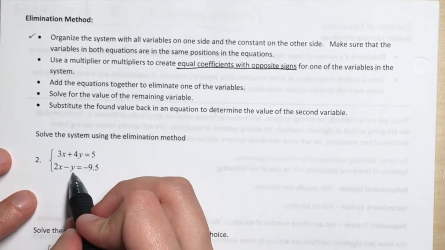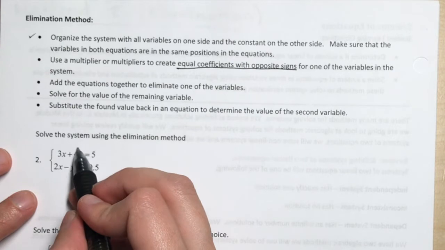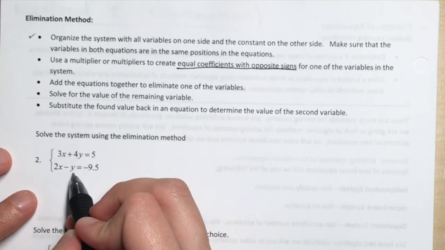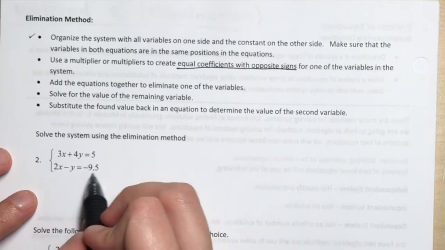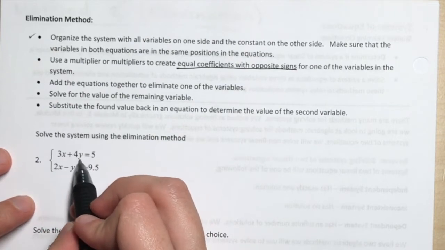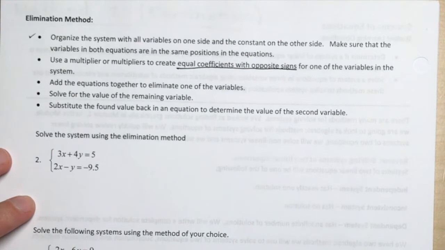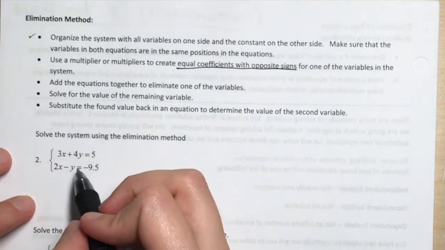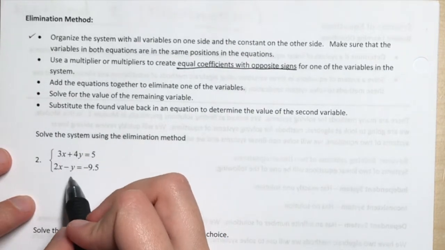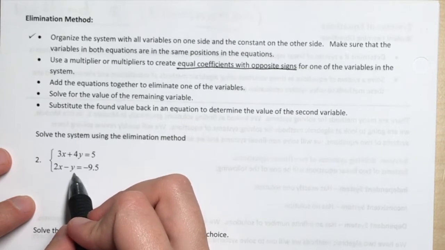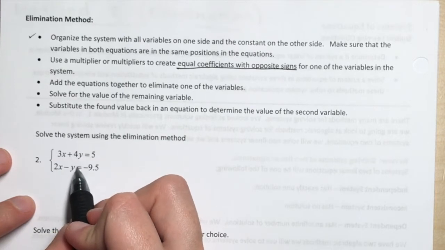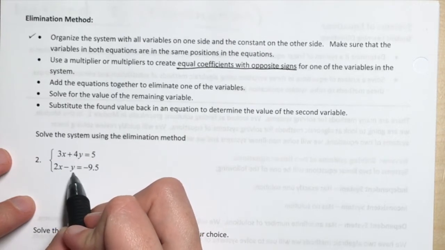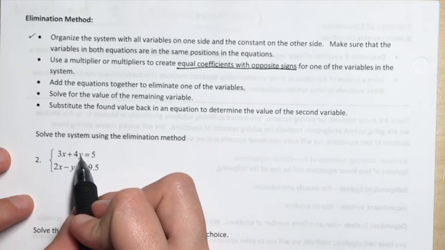Let's see if y is any easier. So we have 4y here, and we have negative y here. What would we have to multiply this equation by to have an equal coefficient with an opposite sign? Just by 4, right? Very simple. If we multiply this whole equation by 4, then we'll have a coefficient here of negative 4y and here of positive 4y.